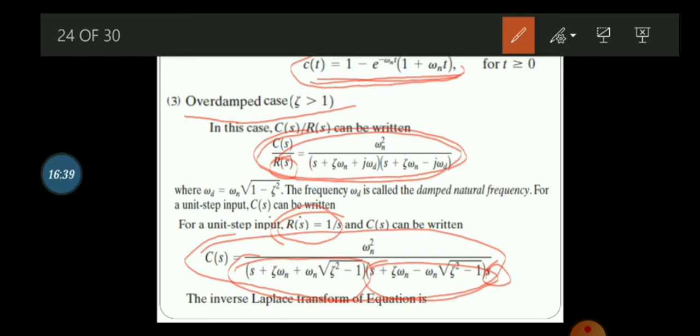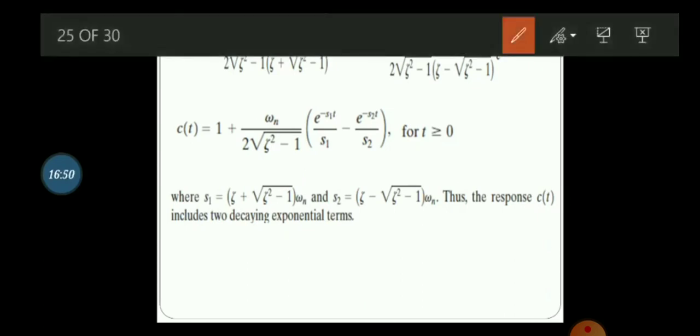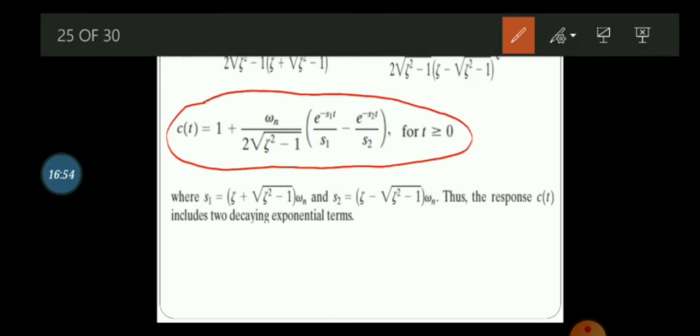Now take the inverse Laplace transform of this equation, and finally solve it, then you will get the time response, that is c of t is equal to 1 plus omega n divided by 2 square root of zeta square minus 1, under bracket e raised to minus s1 t divided by s1 minus e raised to minus s2 t divided by s2, for t greater than or equal to 0, where s1 is equal to zeta plus square root of zeta square minus 1, into omega n, and similarly s2 is equal to zeta minus square root of zeta square minus 1, into omega n.